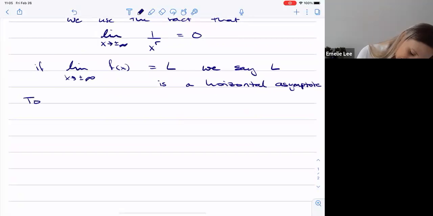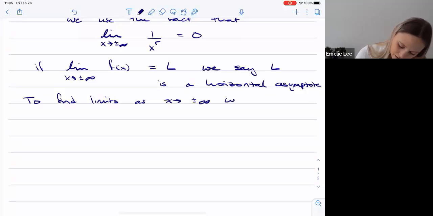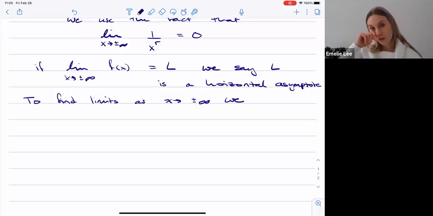So to find limits as x goes to plus minus infinity, we divide the numerator and denominator by the highest power of x in the denominator. It's wordy, but when you do it, it's like, oh, okay, that's fine. As long as you're picking from the denominator, right?